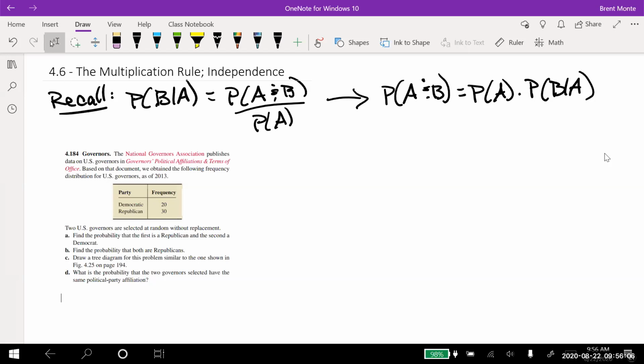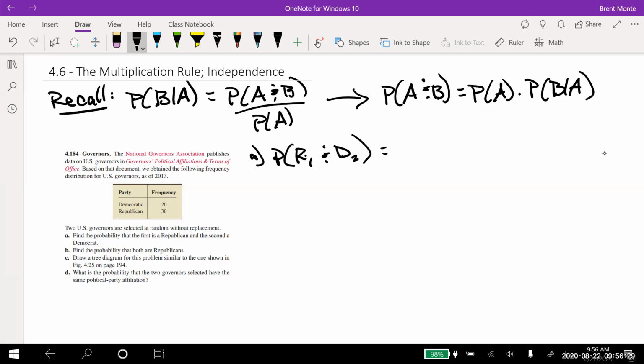Okay, so A, probability, let's write it this way. If the first is a Republican, say Republican first and a Democrat second. Well, watch what happens here.